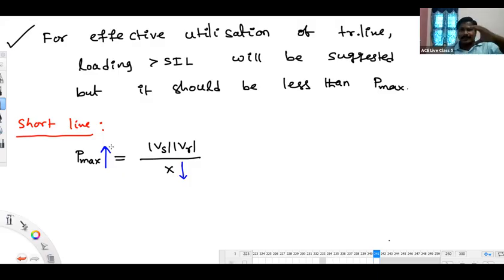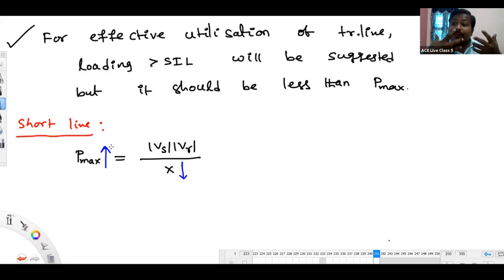Now, listen kindly. If you are interested in keeping the loading on the transmission line based on the P maximum value, as P maximum looks to be very, very large, it says that we can go for a very, very high amount of loading.